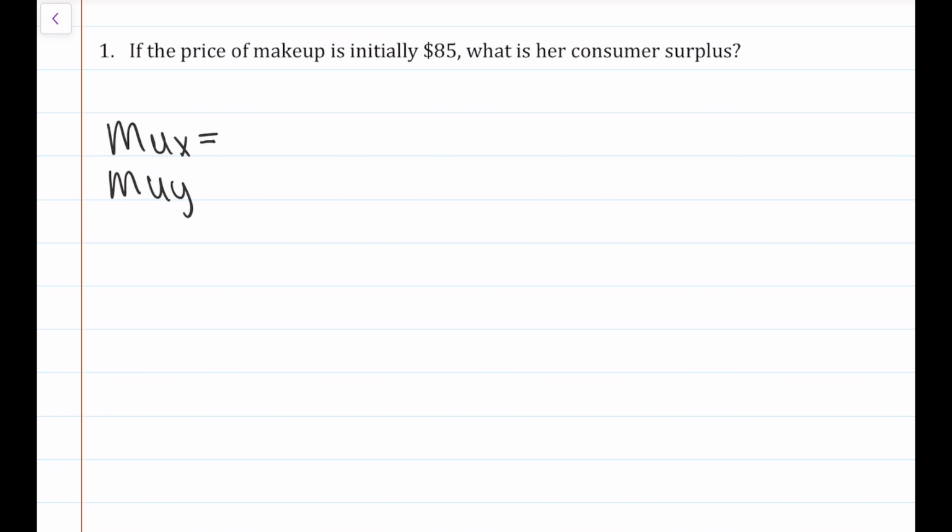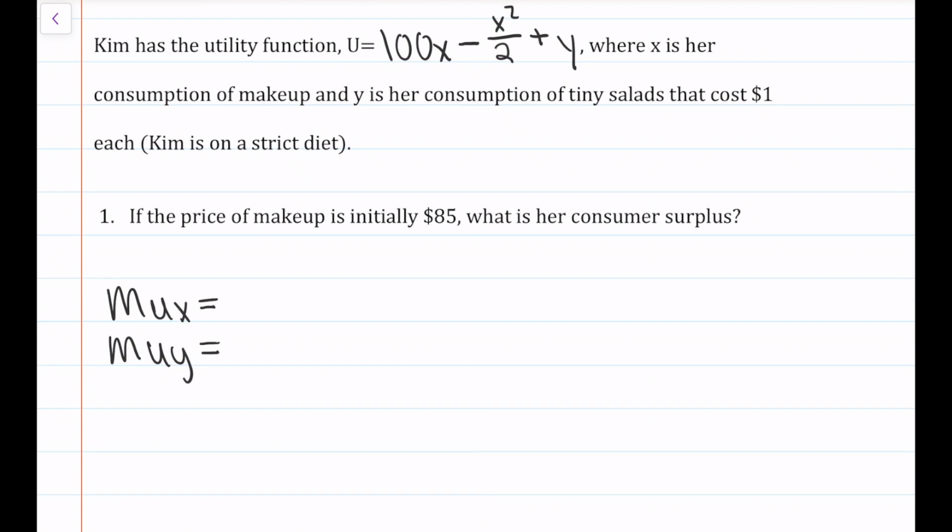I have to find the marginal utility of x and y, and to do that I'm going to take the derivative of both. Looking at our utility function, our marginal utility of x will be 100 minus x.